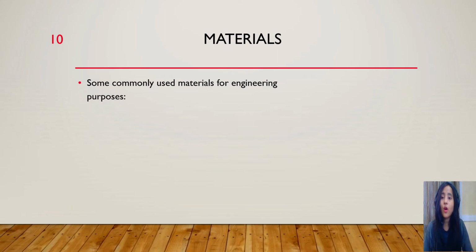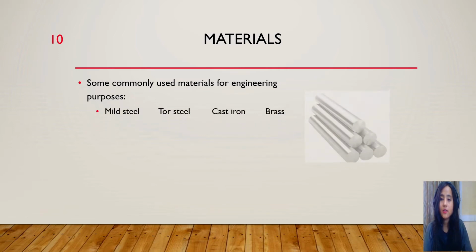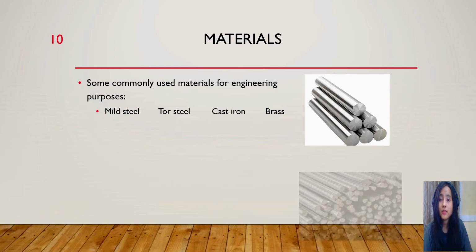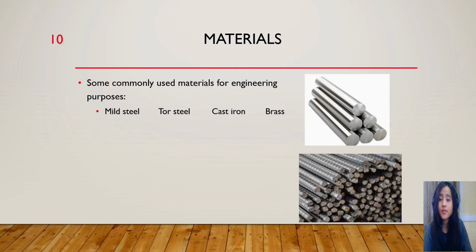Some of the commonly used engineering materials are mild steel. Mild steel looks like this. They are very plain, and as you can see, this is a Tor steel.